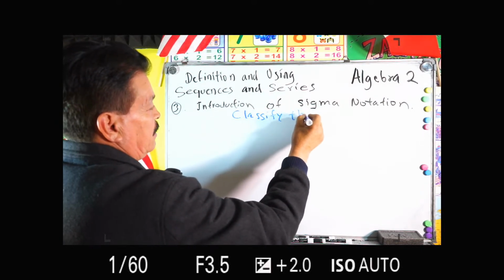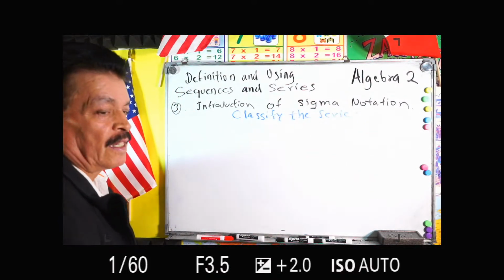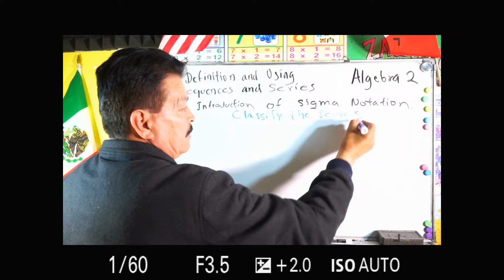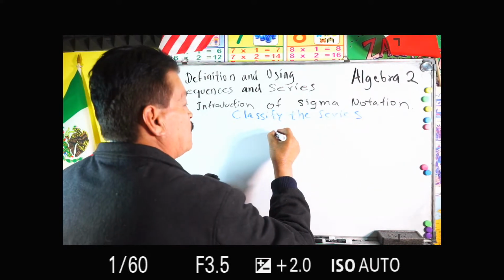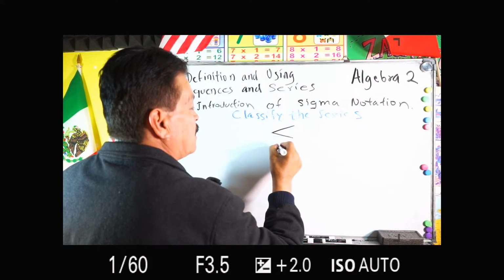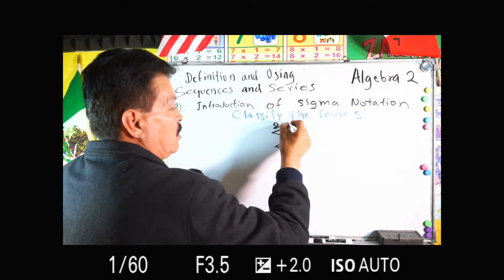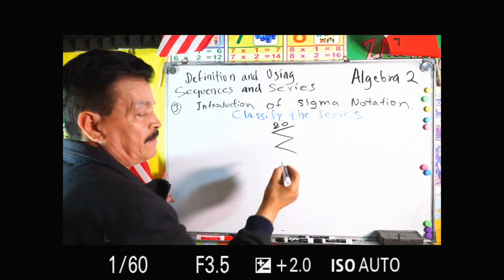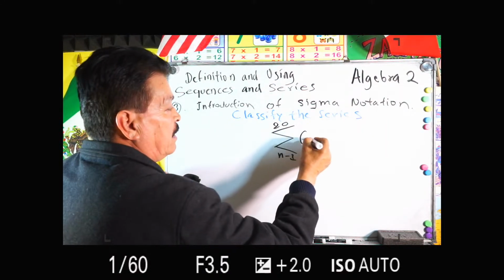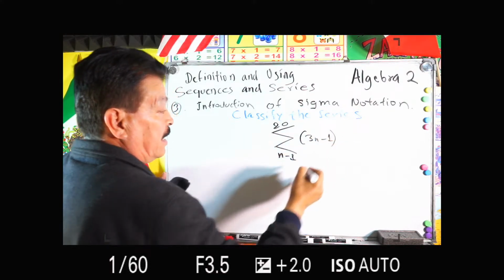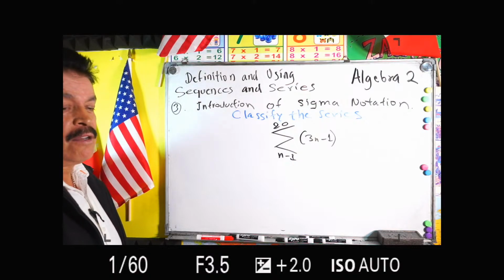Let's write the sigma right here. This is the sigma sign, called sigma. Let's write 20 right here, and then infinity, and then here 3n minus 1. See?